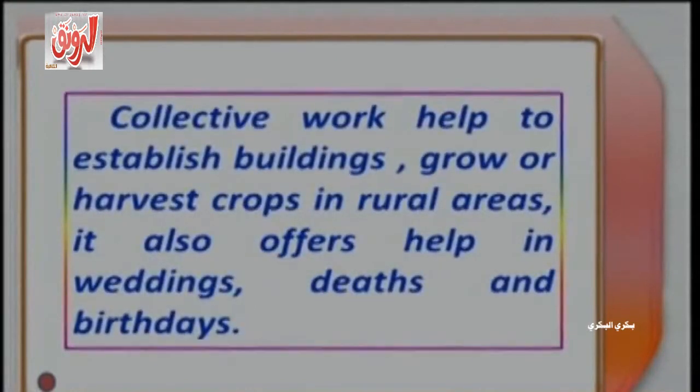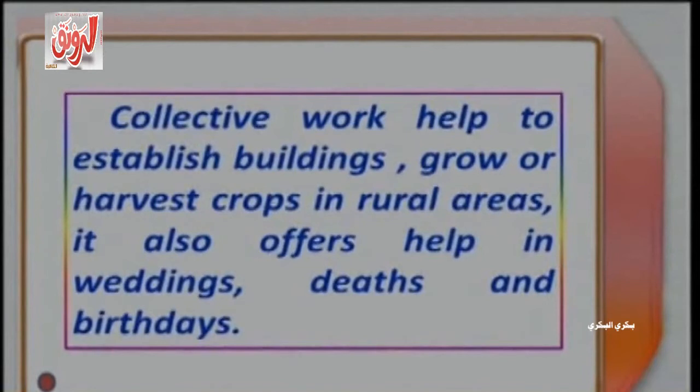See the attempt we have made. Collective work helps to establish buildings. To establish buildings means to build buildings. Buildings such as hospitals, schools, mosques, etc. The other useful thing, to grow or to harvest crops.